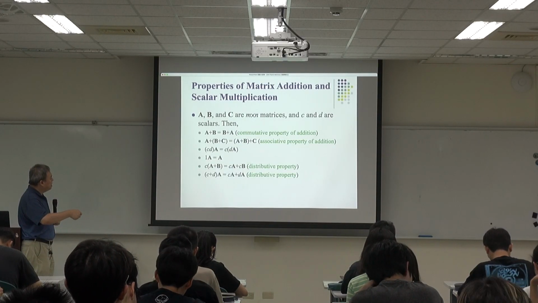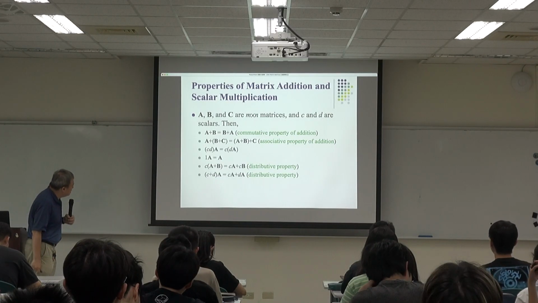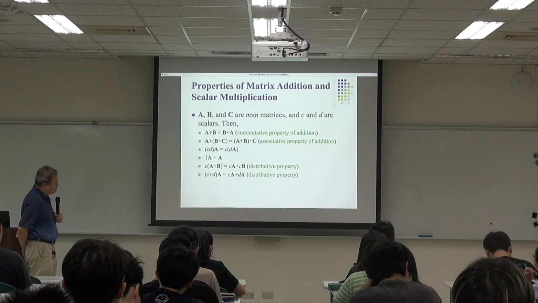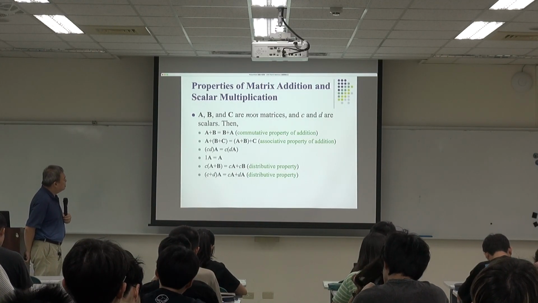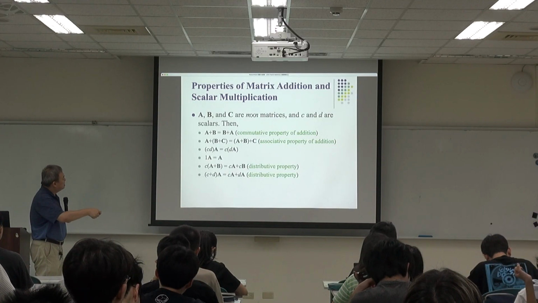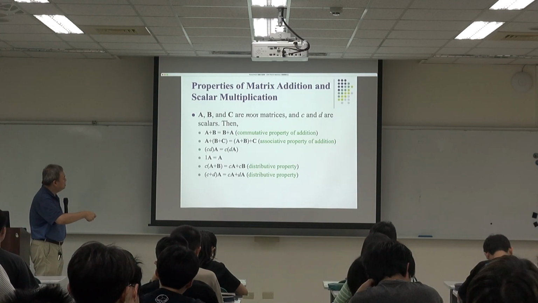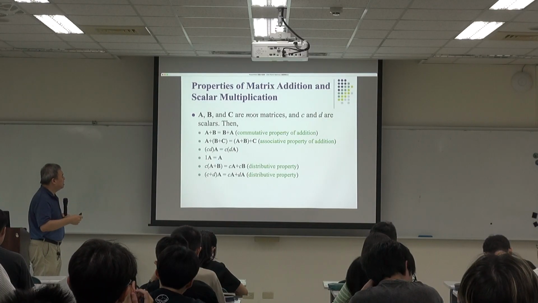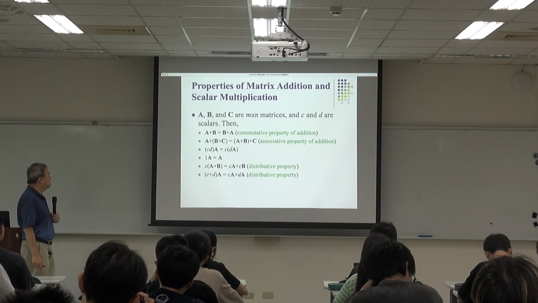In other words, A plus (B plus C) will be the same as adding A plus B first and then plus C. Scalar multiplication satisfies (CD) times A equals C times (D times A). This is also considered an associative property.